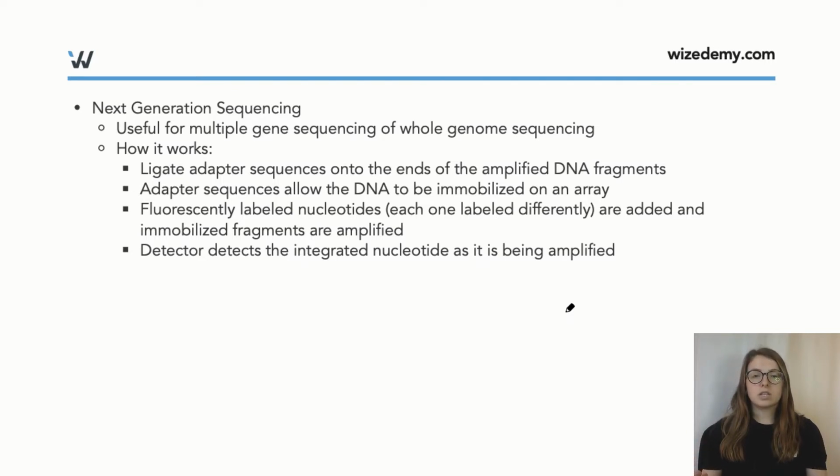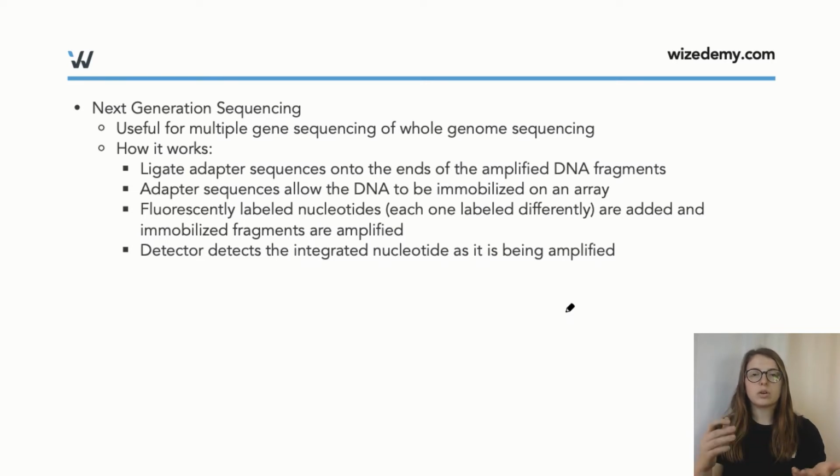These adapter sequences are going to allow your fragmented DNA to be immobilized, or literally to stick onto a DNA array. This DNA array is then going to allow a detector to measure or capture a fluorescently labeled nucleotide as it's being amplified.